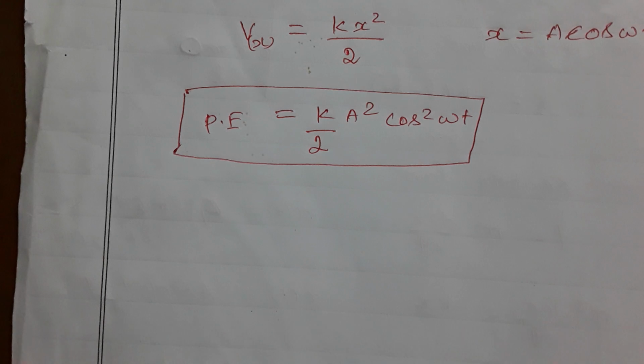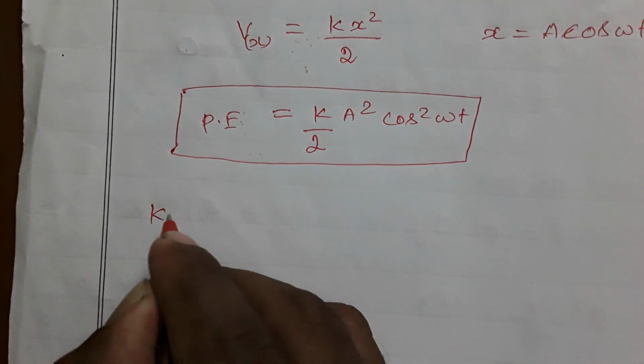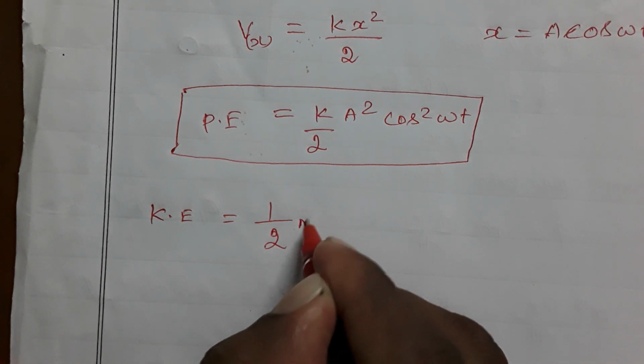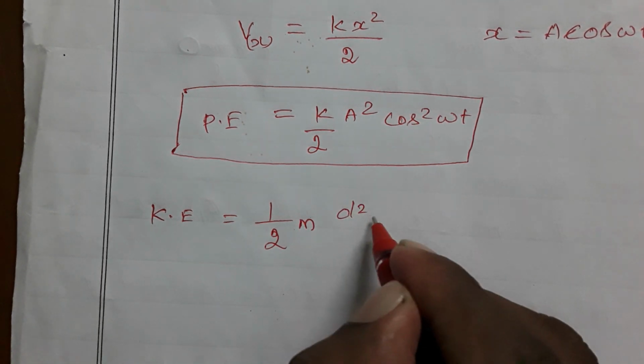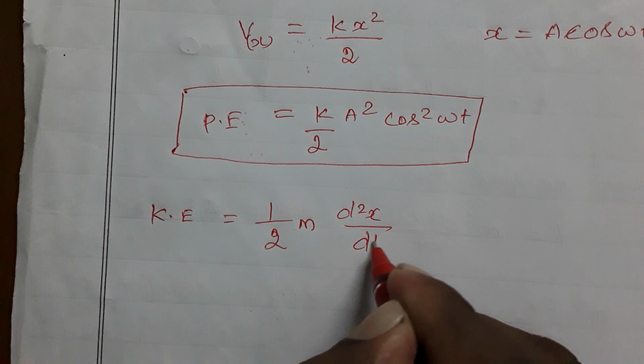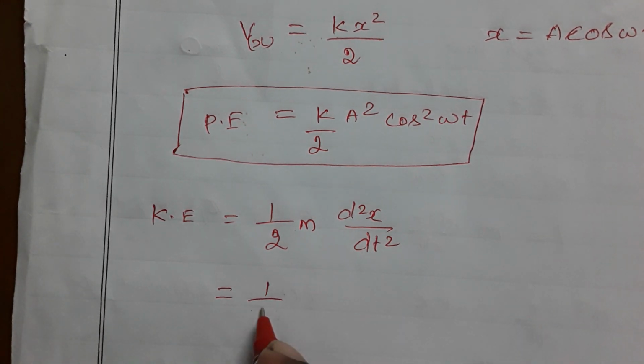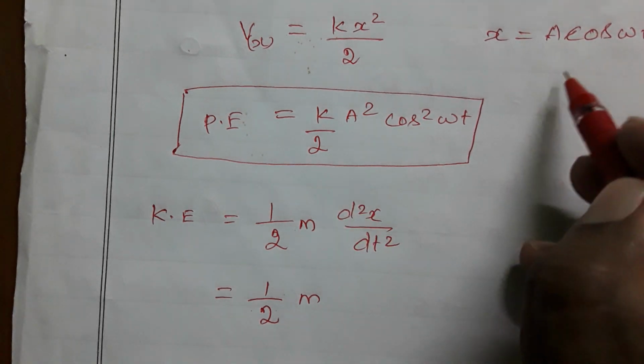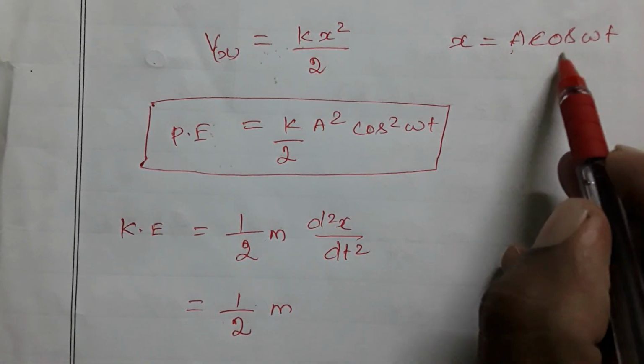Then for kinetic energy, we know that kinetic energy is equal to half m times, from Newton's law, the velocity squared, that is 1 by 2 m. Here we know that x is nothing but a cos omega t.